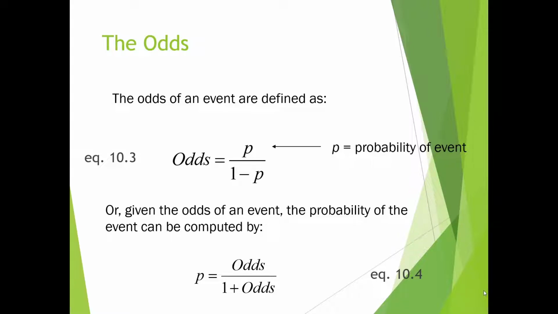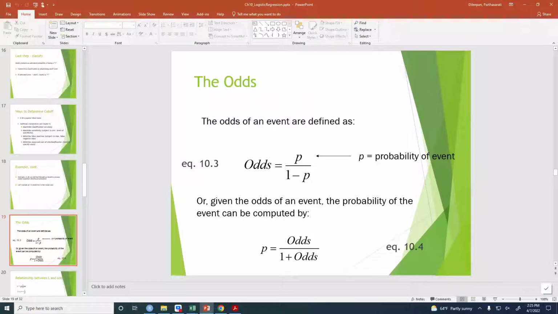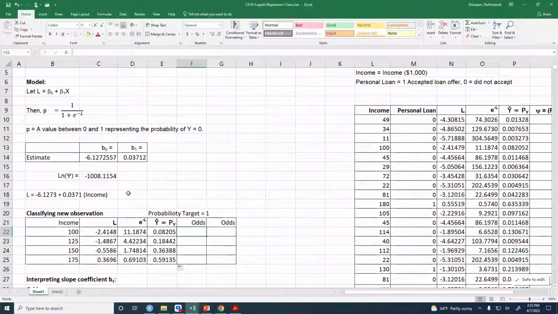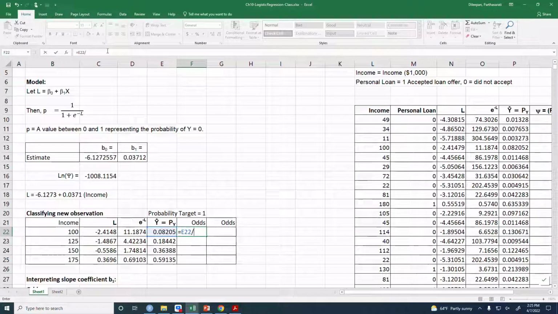Now it turns out that there is a relationship between the coefficient and odds. So now the odds of 1 is P divided by 1 minus P. So now here the odds are close to 0.